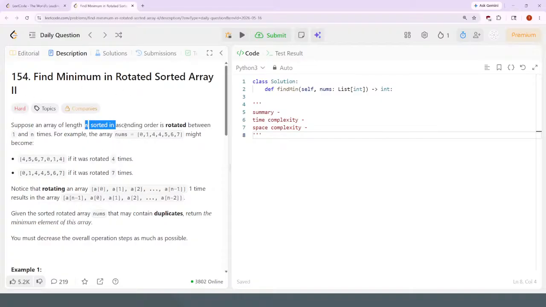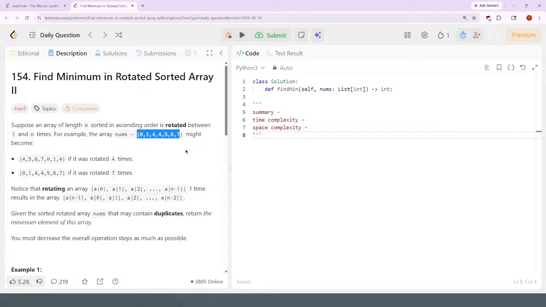Suppose an array of length n sorted in ascending order is rotated between 1 and n times. For example, this array might be rotated 4 times. So from yesterday, rotation is basically a shift leftwards by that amount, and whatever shifts off the edge on the right goes back on the first entry on the left.